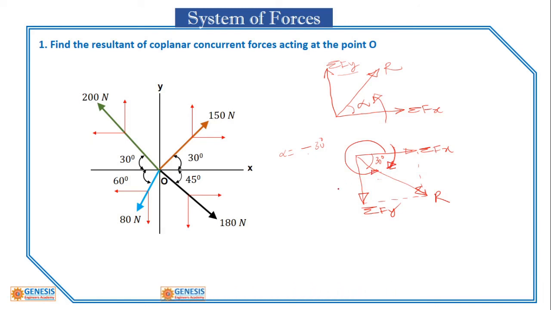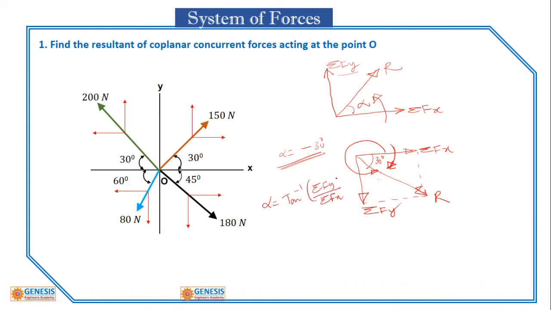Whether you have your fundamentals or not will be observed while representing the direction of the resultant. So don't simply use alpha equal to tan inverse of sigma Fy by sigma Fx.